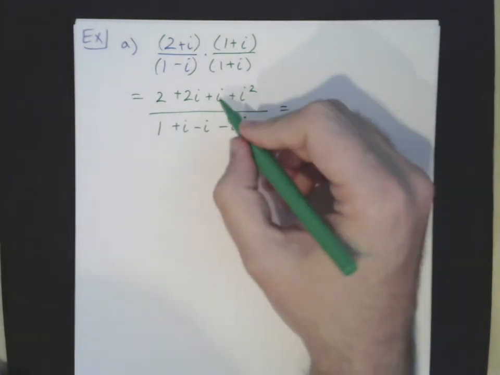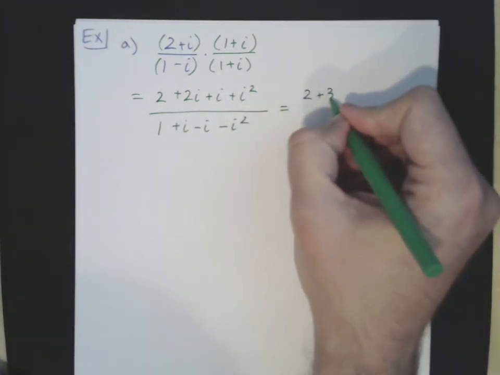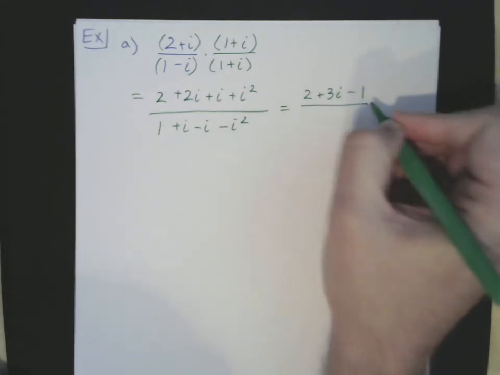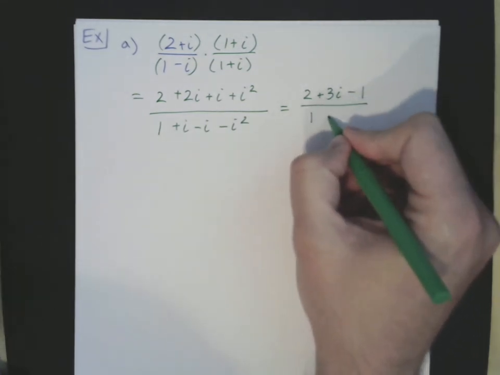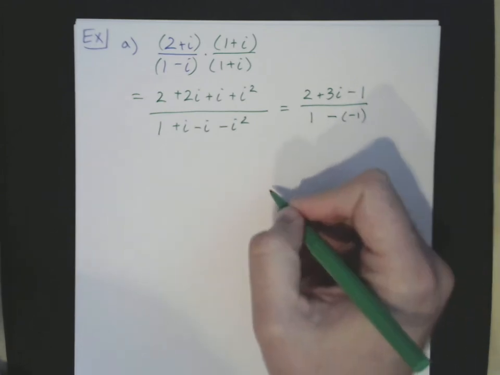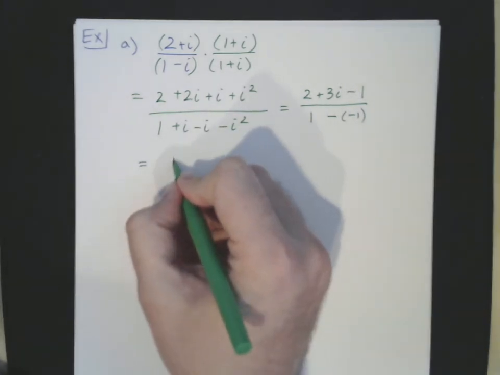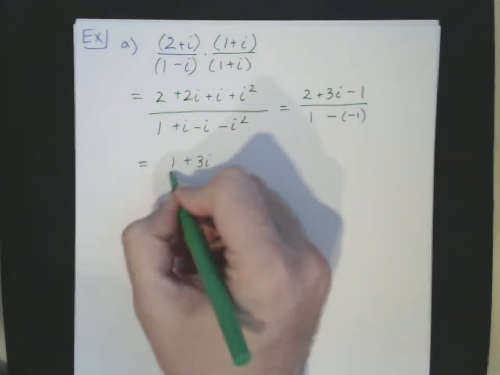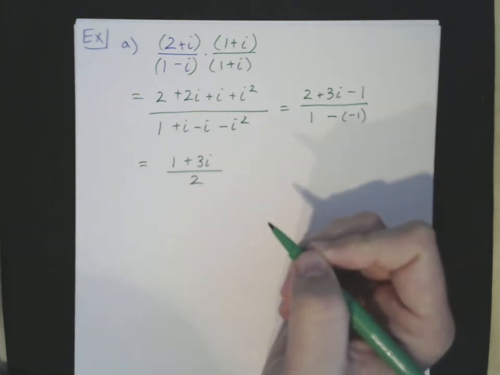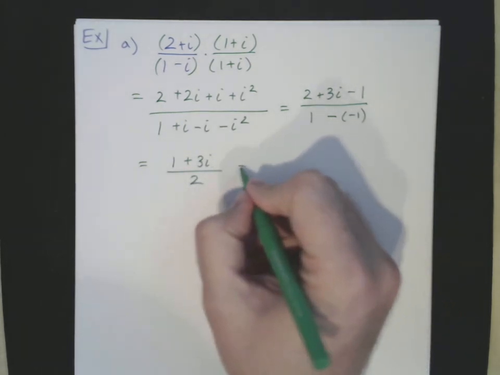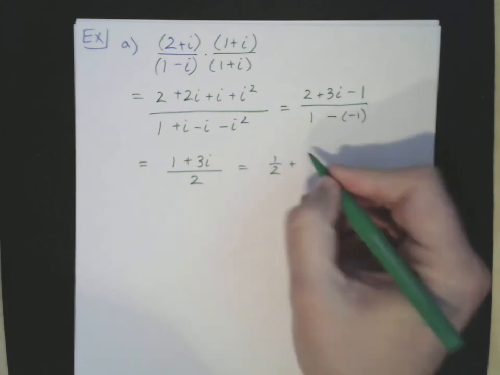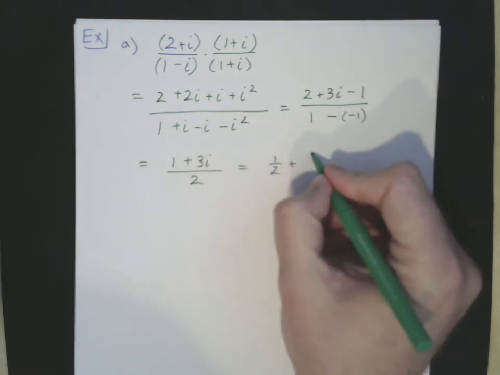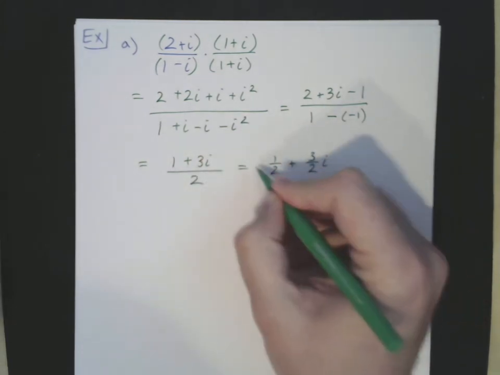And then we simplify. We have 2 plus 3i minus 1 over 1 minus negative 1. So this gives us 1 plus 3i over 2. And to write it in the proper format, we just divide each by 2: 1/2 plus 3/2 i.